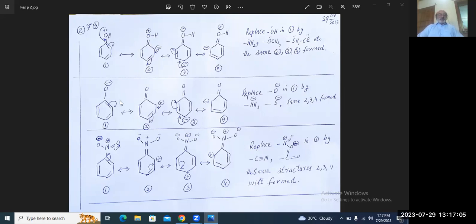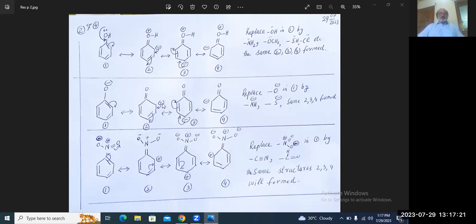Similarly, if we have a charge on oxygen, then simply it will shift to give the double bond here, and the shifting would be here.